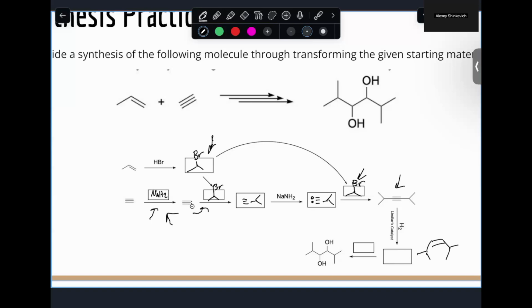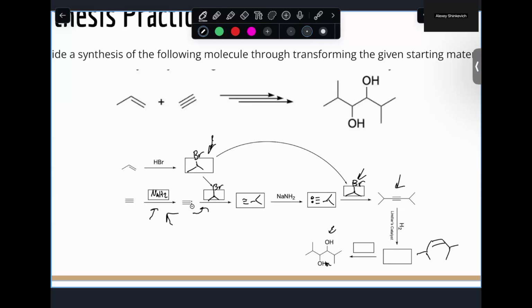And do we know how to put 2 OH groups across an alkene? What reactants do that? OsO4? What else? You need some more stuff with that. That's close, yes. Keep going. You got it.